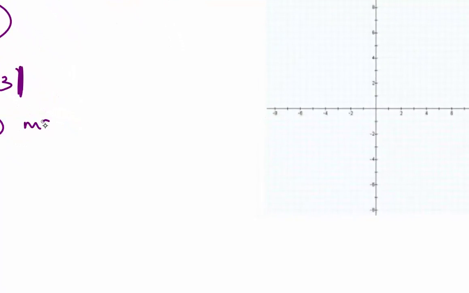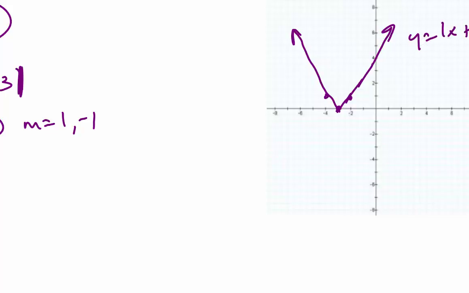I know the slopes of the lines are 1 and negative 1. So if I come over here to -3 and then go up 1 over 1, up 1 over 1, there is the absolute value. That is y equals the absolute value of x plus 3.